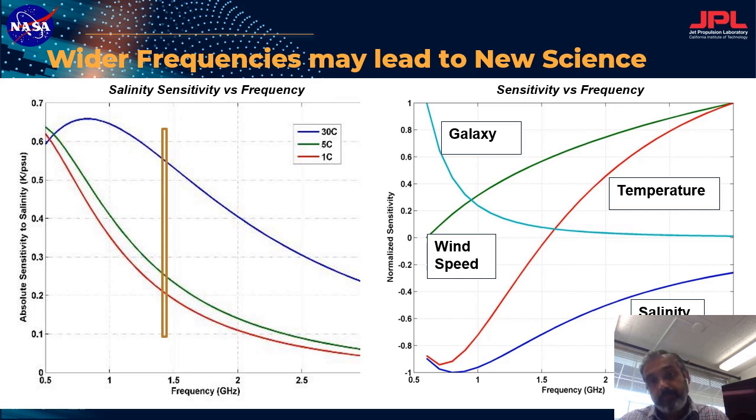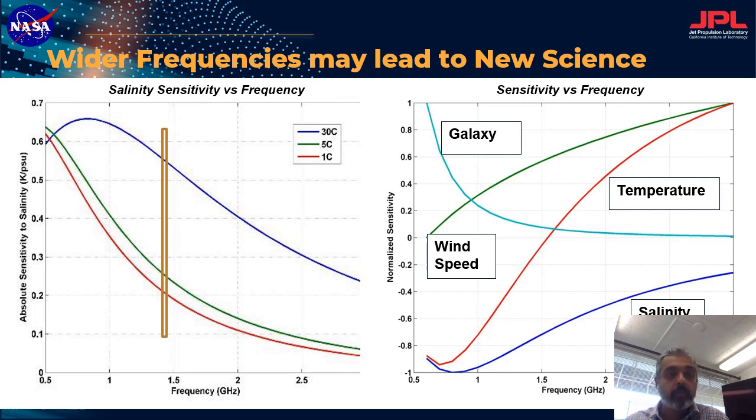This is salinity on the left. The x-axis is frequency, the y-axis is sensitivity to salinity. So the higher it is, the better it is. Tropical waters are around 30 degrees C. You can see the blue line. And as soon as you go from tropical waters to polar waters, your sensitivity reduces by a massive factor. This is just the nature of things.